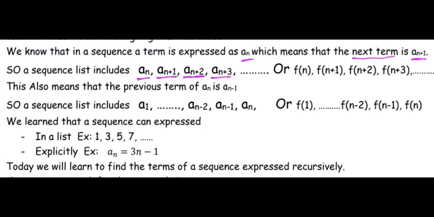We can also write this as a function because we said sequences are discrete functions. We can write a sub n as f of n, which means the next term is going to be f of n plus 1. The one that follows that is going to be f of n plus 2. And the one that follows that is going to be f of n plus 3.